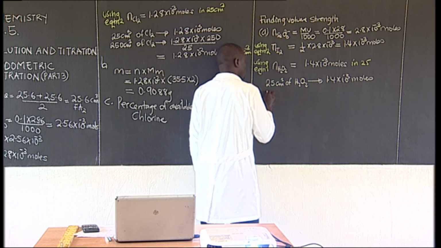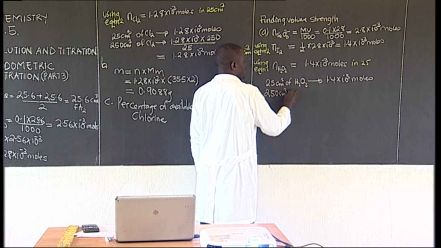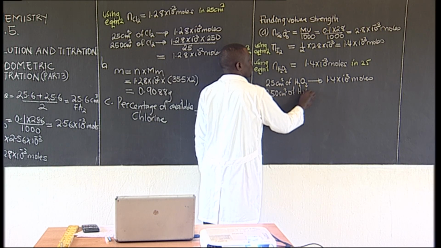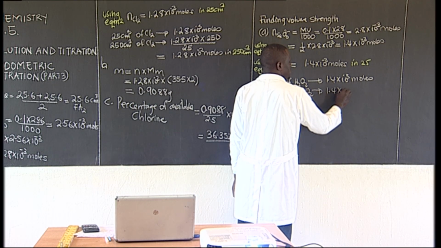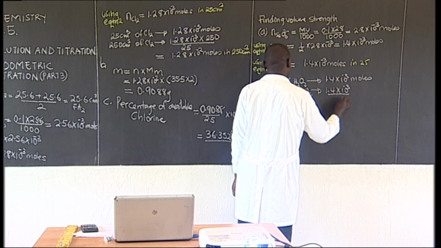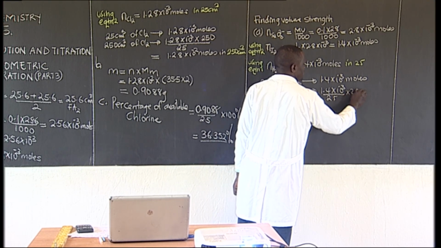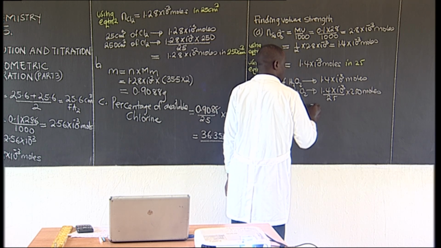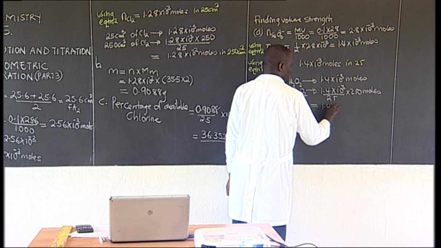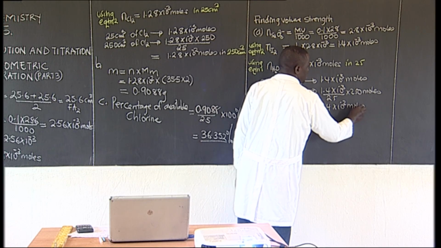Then 250 centimeter cubed of hydrogen peroxide will contain 1.4 times 10 to the power negative 3 divided by 25 times 250 moles. Then from there, we have our answer as 1.4 times 10 to the power negative 2 moles in 250.